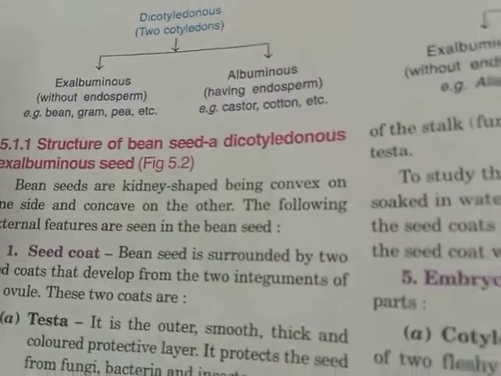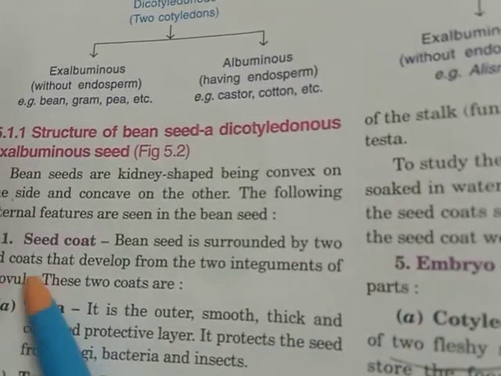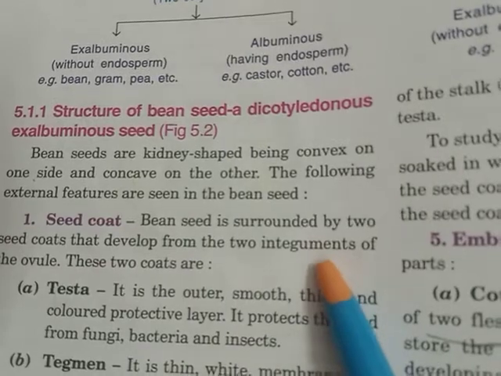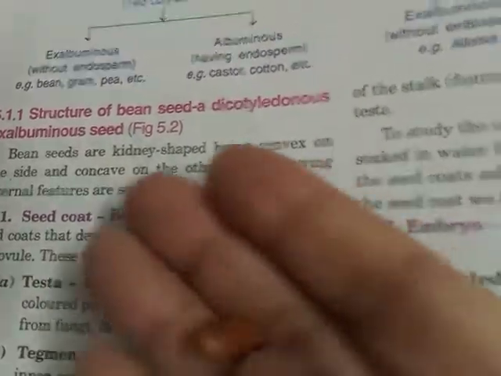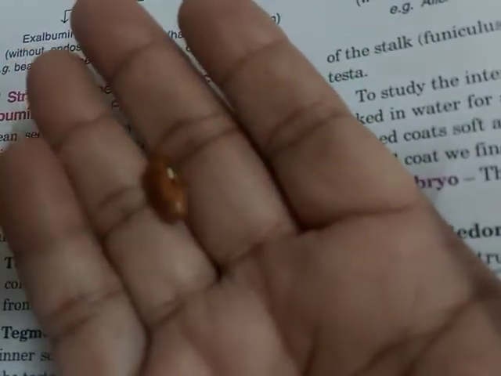Seed coat. Bean seed is surrounded by two seed coats that develop from the two integuments of the ovule. Now see here, children, in this bean seed you can see this brownish covering.